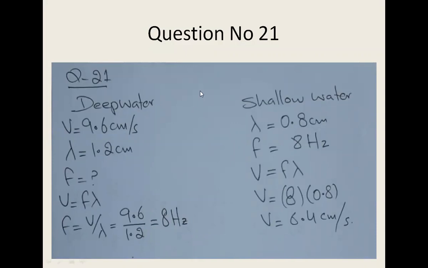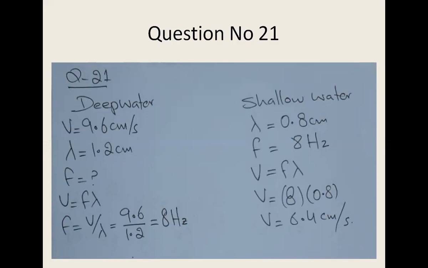In the deep water, the speed is 9.6 centimeter per second. The wavelength is 1.2 centimeter. So I can find the frequency in the deep water. V equals F lambda, so F will be V divided by lambda, which is 9.6 divided by 1.2, and that is 8 hertz. In the shallow water, the wavelength from the diagram is 0.8 centimeter, and the frequency will be the same, 8 hertz.